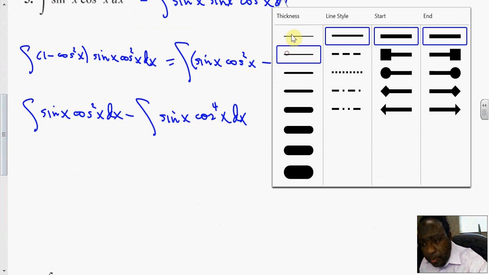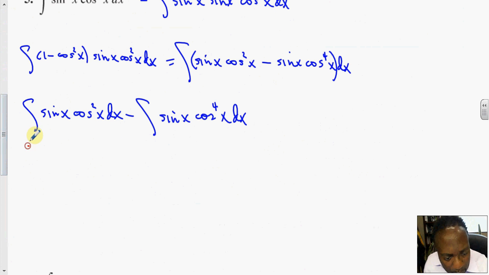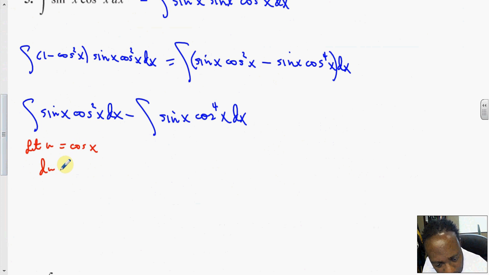So here, in terms of u-du for these trig combinations, you always let u equal the trig function that's raised to a power. You take one of those and let that equal u. So let u equal cosine x, and du is negative sine x dx.